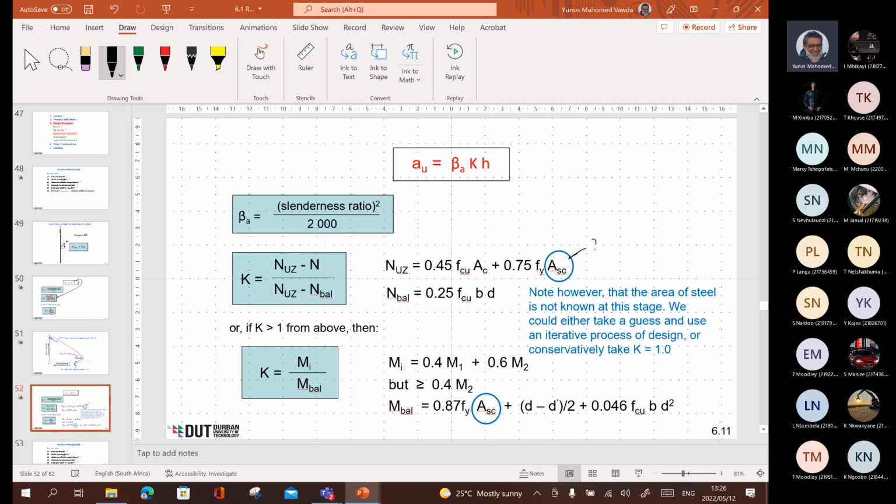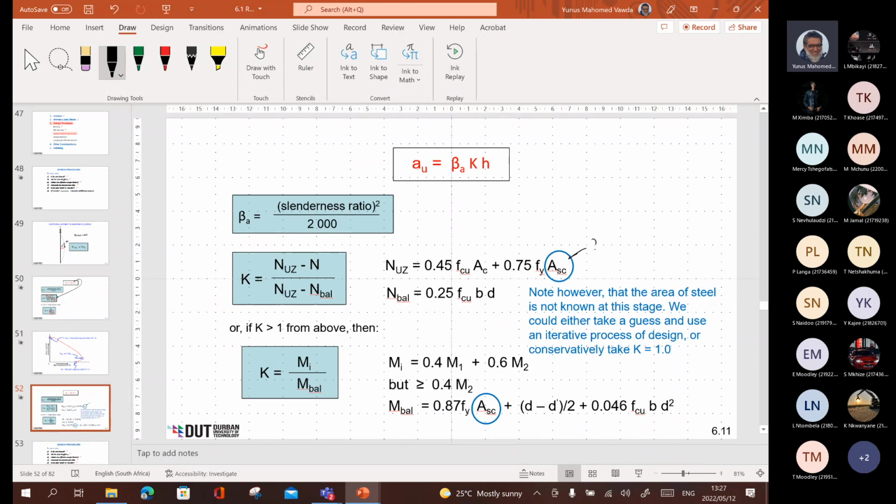N balance is 0.25 f_cu b d. I'm not going to go into detail of where that comes from, just take it as is for now. If K is greater than 1 from above, so if you calculate K and it comes out greater than 1, what is N? N is the actual value of the load. Then K is equal to M_i over M balance. M_i is 0.4 M1 plus 0.6 M2, but not less than 0.4 M2.